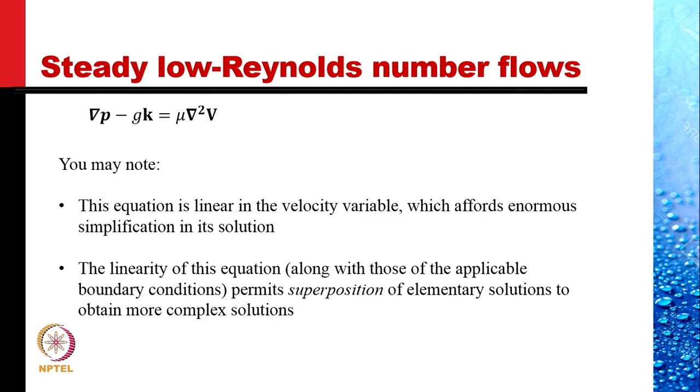You may note that this equation is linear in the velocity variable. The Navier-Stokes equation is nonlinear in the convective acceleration term v dot del v, and that term drops out in this low Reynolds number flow equation. So this equation is linear in the velocity variable, which affords enormous simplification in its solution.